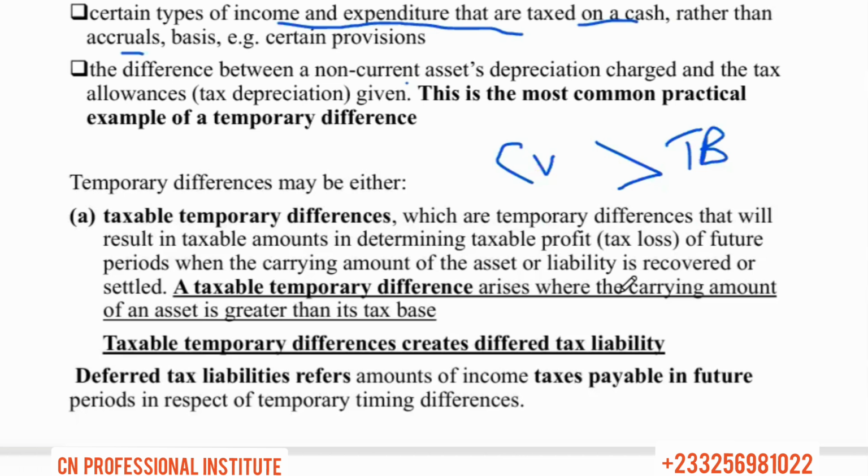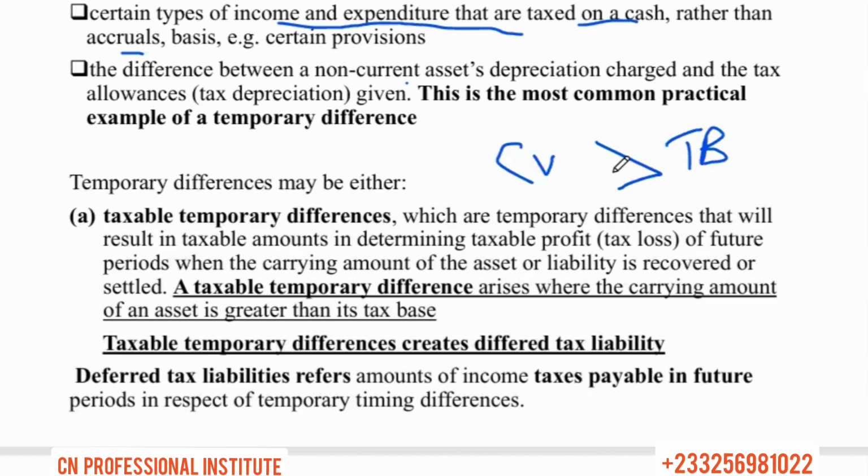And I'll explain the reason why it's taxable. Because it will create a higher taxable profit in the future for you. When the carrying value is bigger than the tax base, it means your capital allowance claimed will be small. And a small capital allowance will increase your taxable profit. So it creates a deferred tax liability.